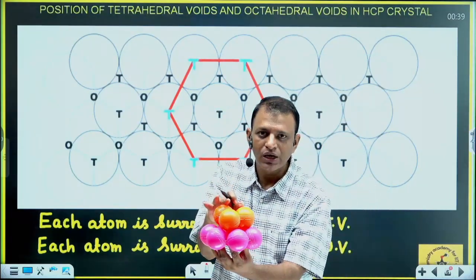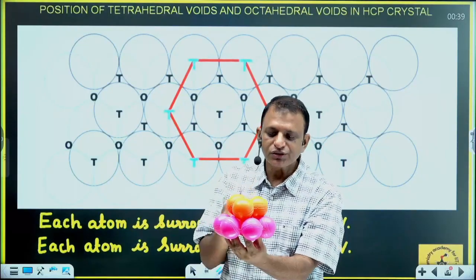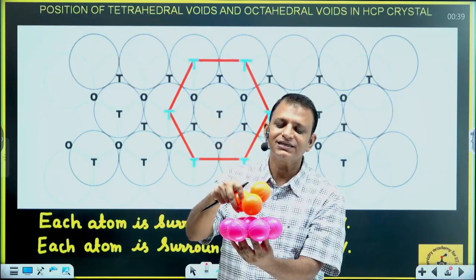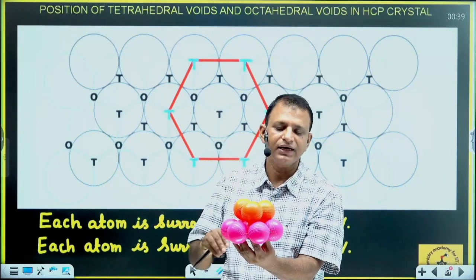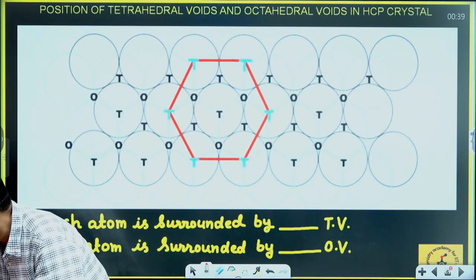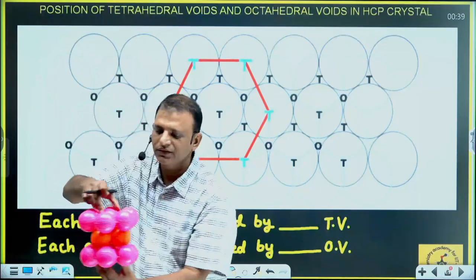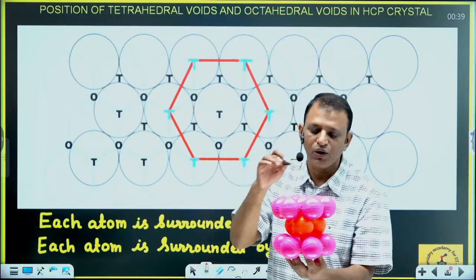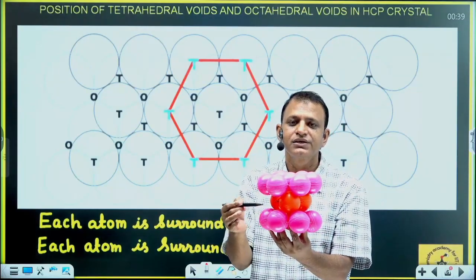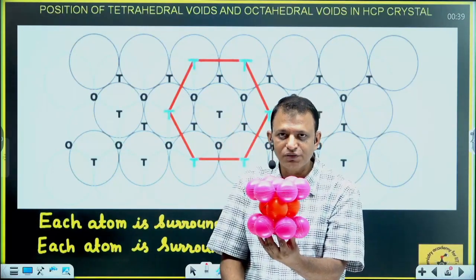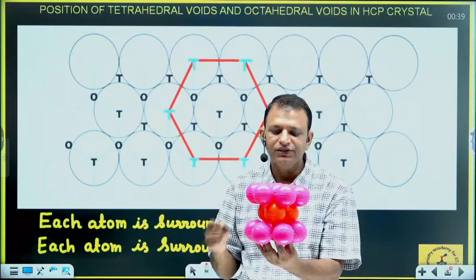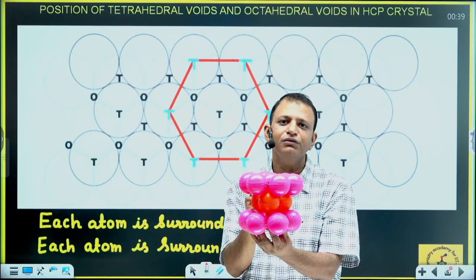Now till now I have discussed the position of tetrahedral void with respect to this atom present at the center of the regular hexagon, and it is between the A and B layers. A similar layer will be there above this. In the same way, this atom present at the center and these 3 atoms at the center of the hexagonal prism are going to form a regular tetrahedron, and the center of this regular tetrahedron will be a tetrahedral void.